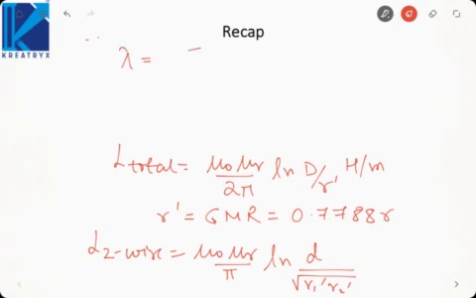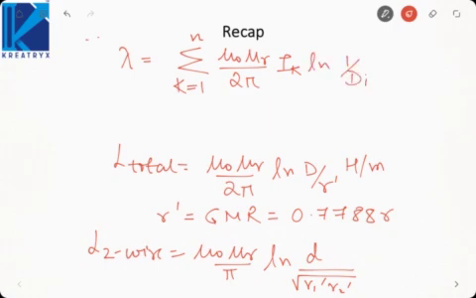Lambda was sigma k equal to 1 to n mu naught mu r by 2 pi ik ln 1 by d ik. This was the flux linkage of conductor i in a group of n conductors. Okay, so that is what we learnt in the last lecture.